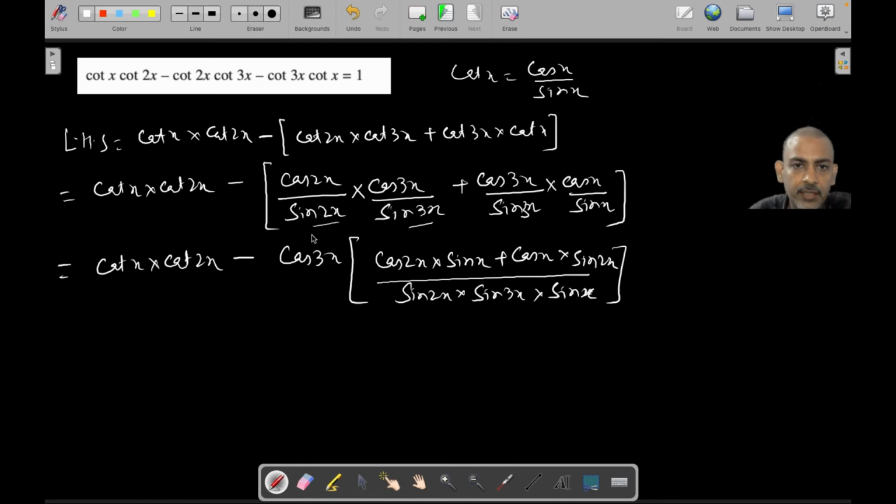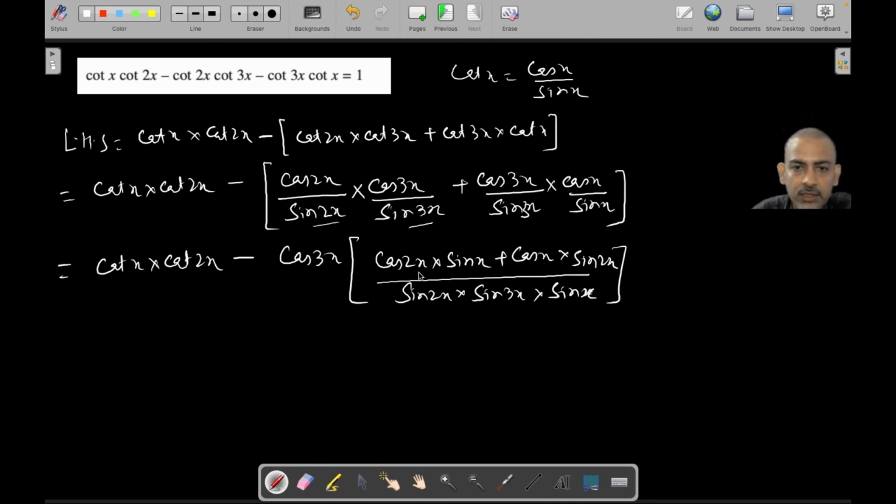So what I did here, again, we took the LCM, sin 2x, sin 3x and sin x. So when I was doing over here, sin 2x, sin 3x will cancel out, only sin x will be remaining. So cos 2x will be multiplied by sin x. Here sin 3x and sin x will go, sin 2x will remain, so sin 2x will be multiplied by cos x. Alright.